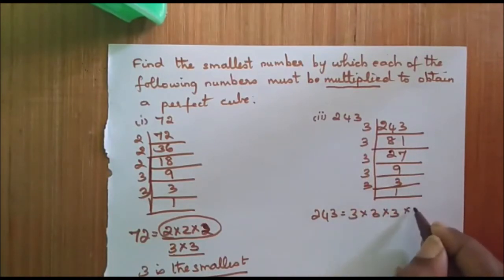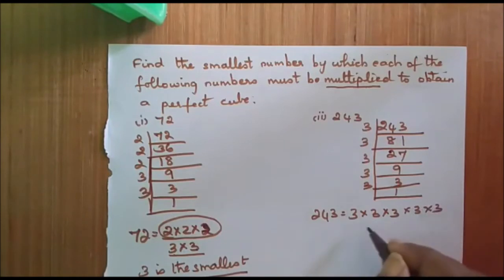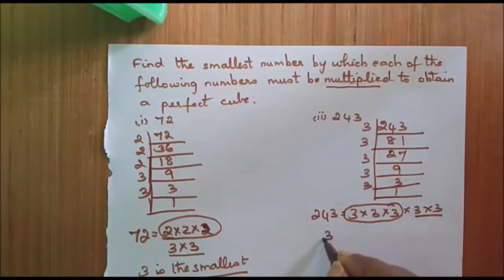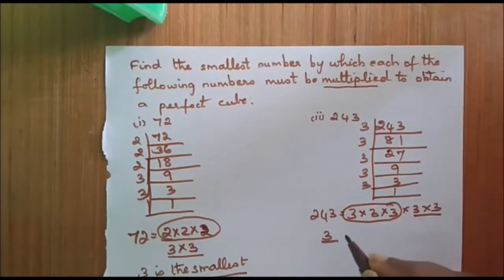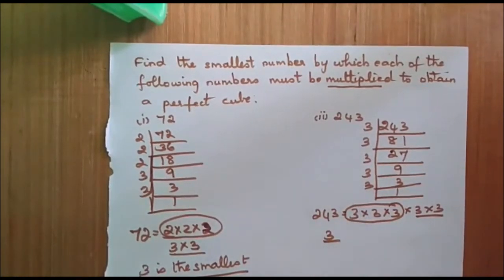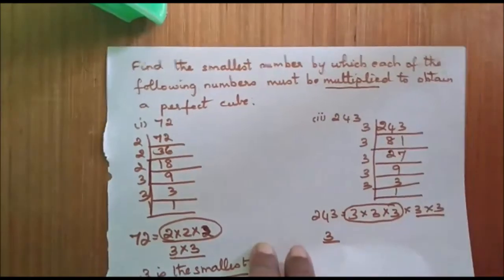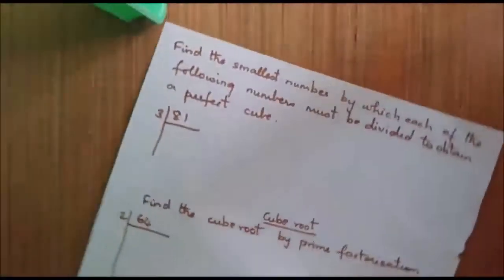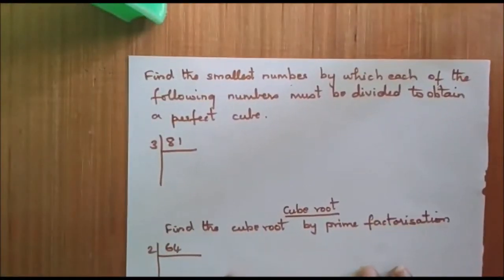Then you have another two 3s. For this, one 3 is missing. So 3 is the number with which I should multiply 243 so that it becomes a perfect cube. I hope you understood this. Now we will go to the next question.